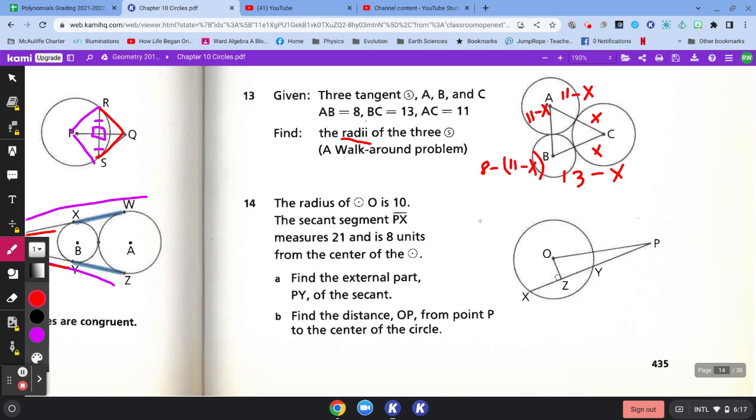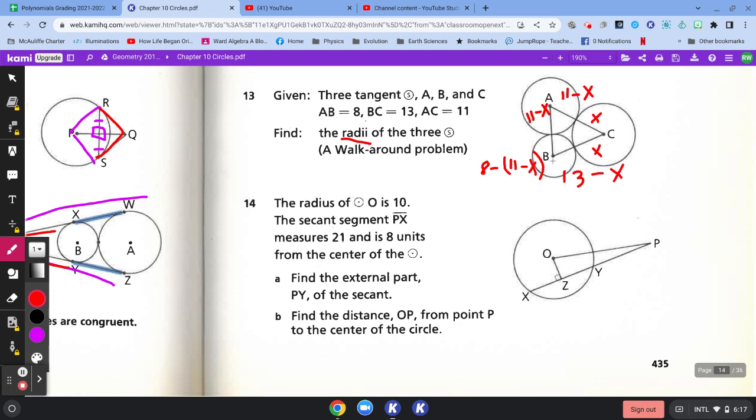I chose to treat circle C's radius as x, and the distance between AC is 11 minus x, since AC is 11. Since I got the radius of A being 11 minus x there, this will also be 11 minus x. And since AB is 8, I treated the radius of B as 8 minus 11 minus x.